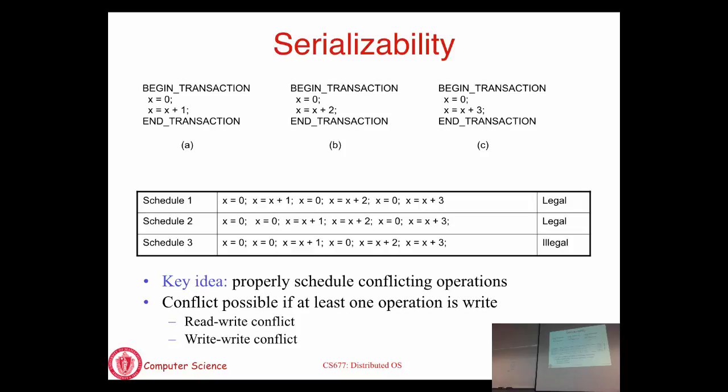That leaves x equal to 3. Are you convinced that's a valid interleaving? Why is it a valid interleaving? To reason about whether that is a correct end result or not, you have to find some order in which those 3 transactions ran sequentially. And if that ordering gives you the same output, then you say that's legal.